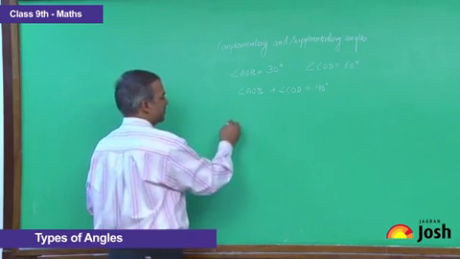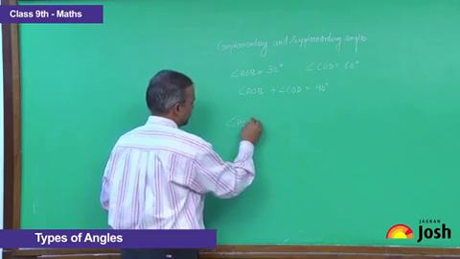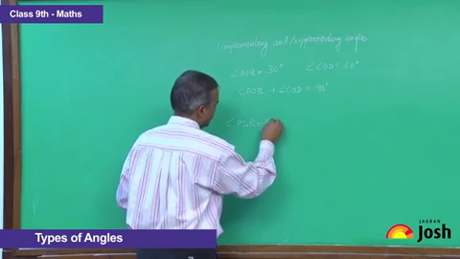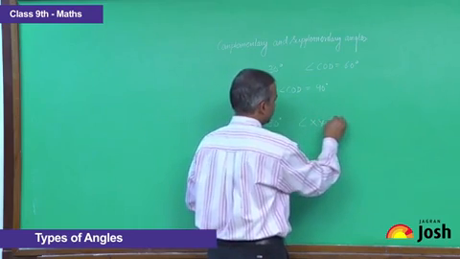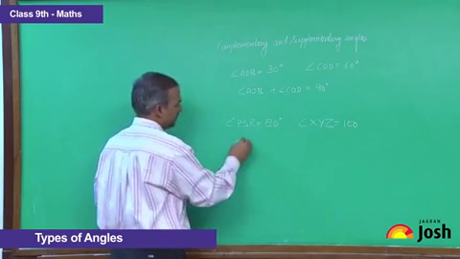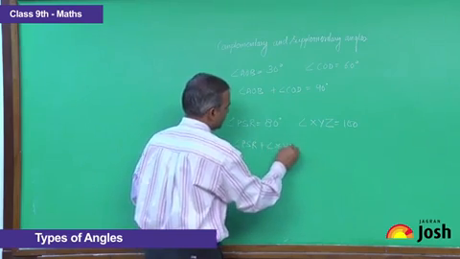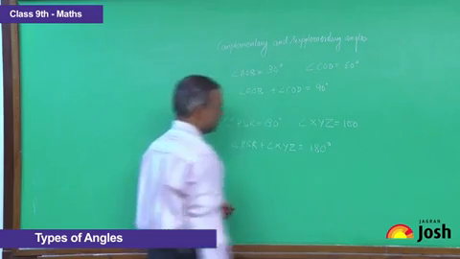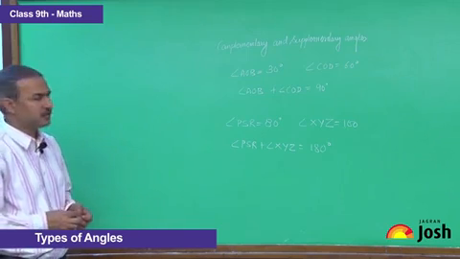For example, if angle PSR is equal to 80 degrees and angle XYZ is equal to 100 degrees, since angle PSR plus angle XYZ is equal to 180 degrees, we can say that PSR and XYZ are supplementary angles.